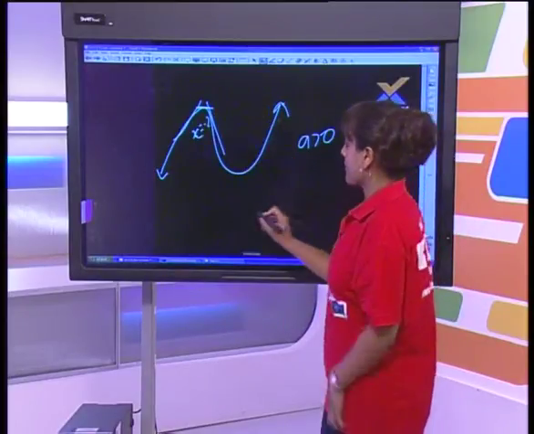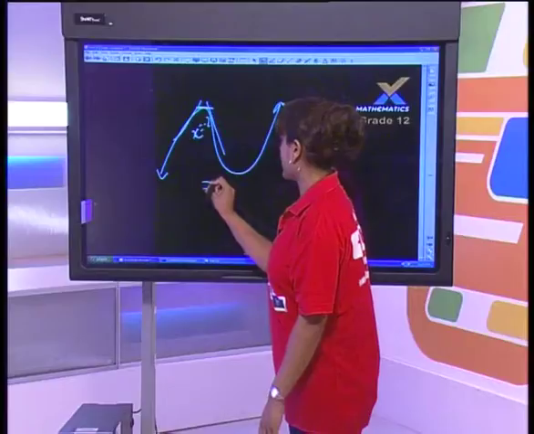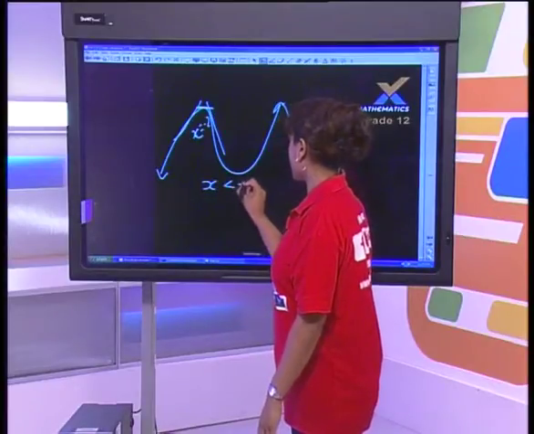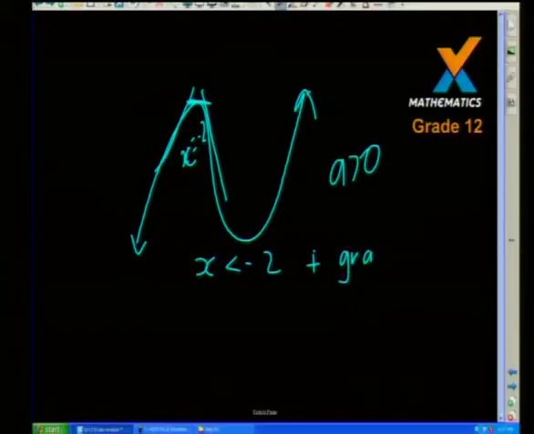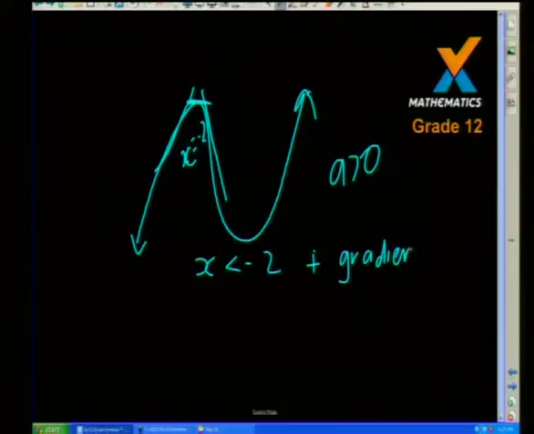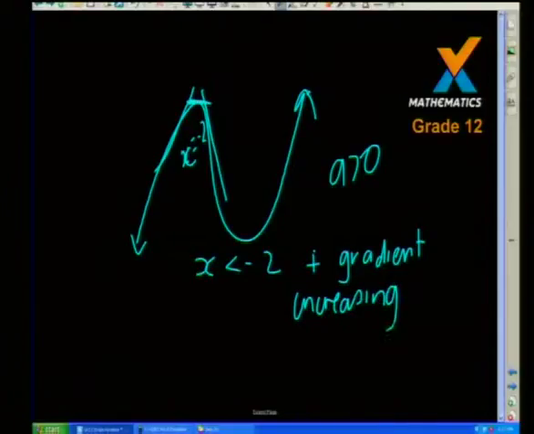To the left of x equals minus 2, so if x is less than minus 2 and I'm looking to the left of that graph, we have a positive gradient. So for x is less than minus 2, we're looking at a positive gradient. So in other words, the graph is increasing. So the graph is increasing up to the point x is equal to minus 2.